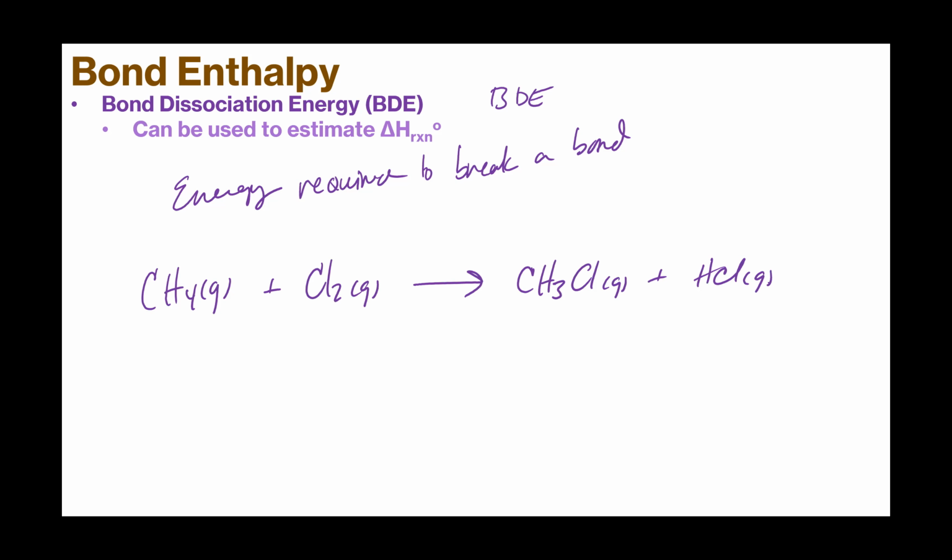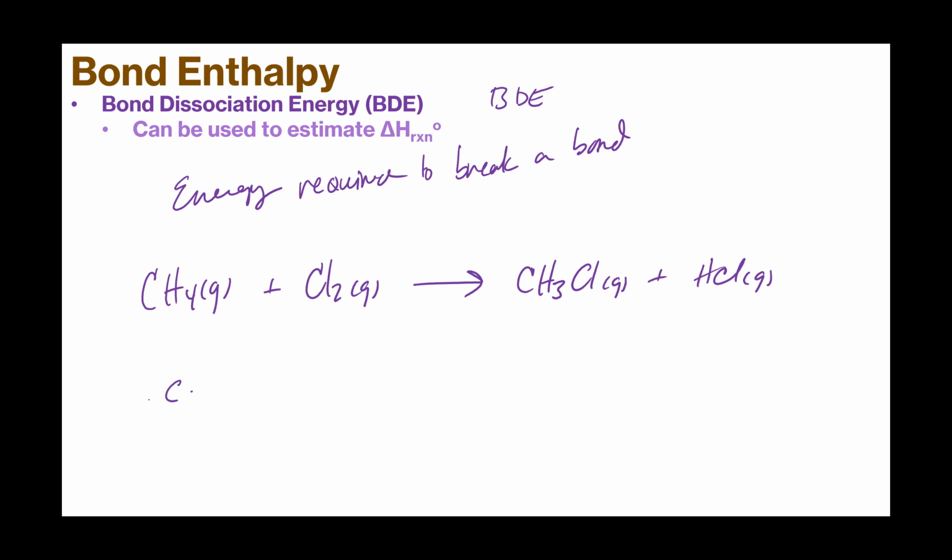It's catalyzed by UV light, all this fun stuff we'll talk about when we get to organic chemistry. We're going to use this to focus on bond enthalpy and how to do this. This is going to require us to figure out what bonds are broken and what bonds are formed in a reaction. So it's best we dive in and draw Lewis structures to these things.